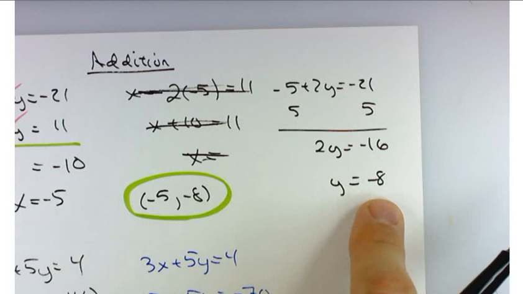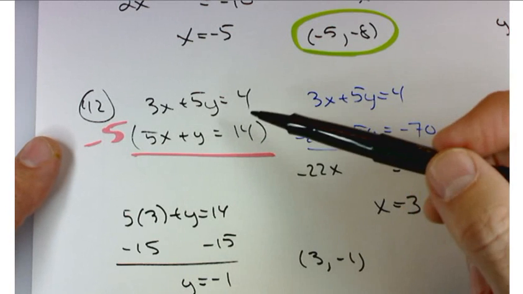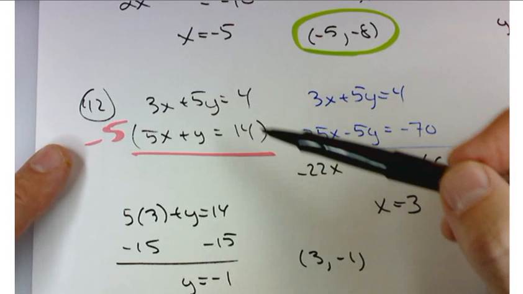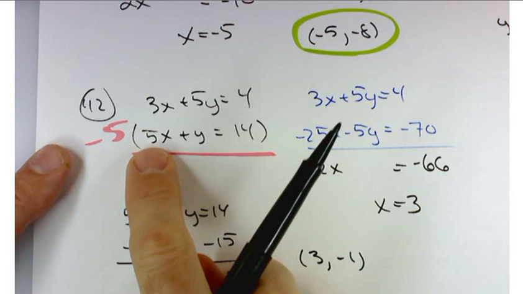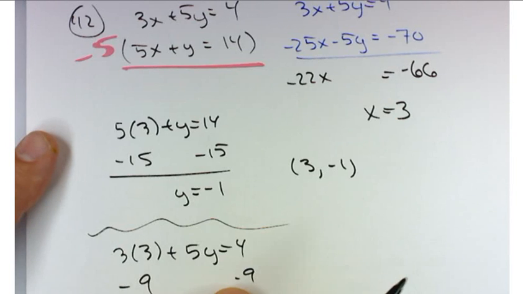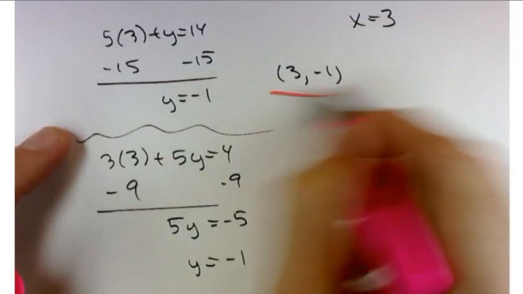But what you should do is try and pick whichever equation you think looks easiest. So in my mind, I thought, if I had y all by itself, the second equation looks easiest. I mean, the first equation wasn't that much harder. So either way, you end up with the same solution. 3, negative 1.